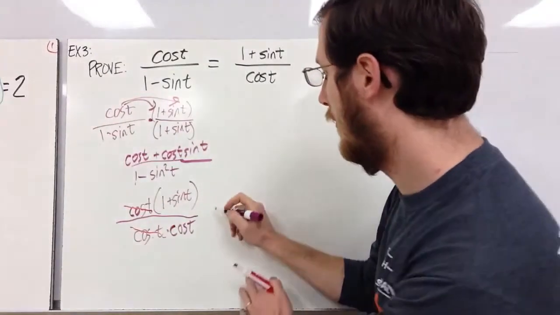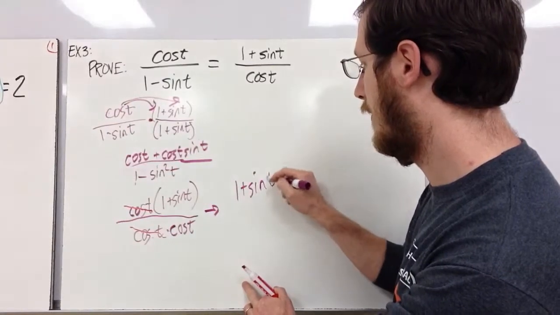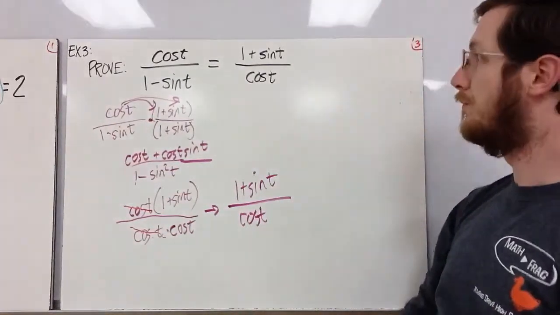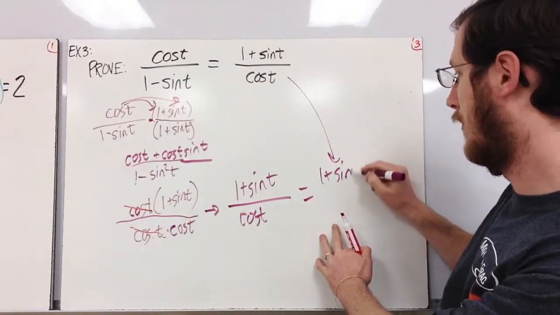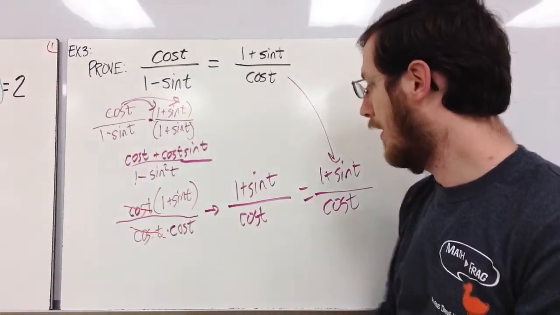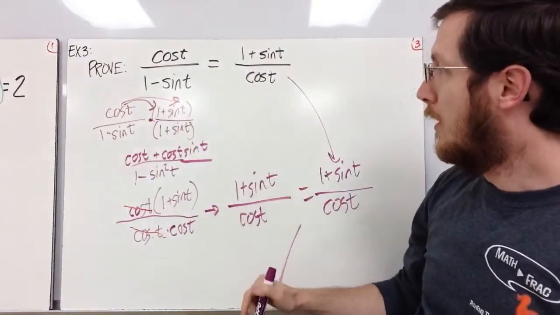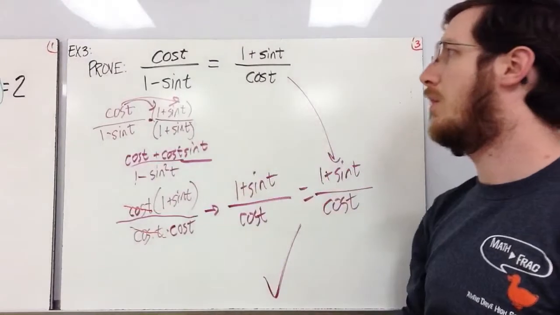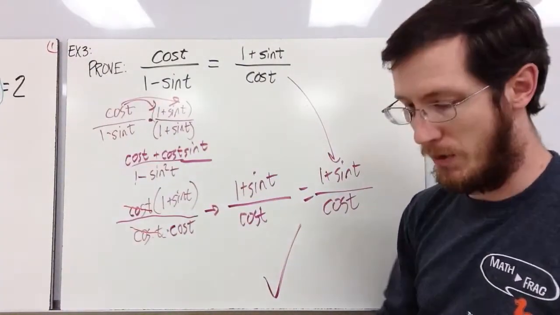And what we have left is 1 plus sine of t over cosine of t, which is exactly what we were asked to prove. Okay, again, step by step, logically equivalent expressions until we get to the other side of our equation.